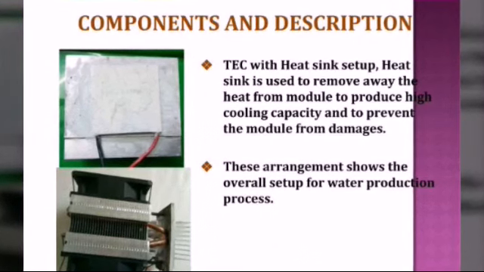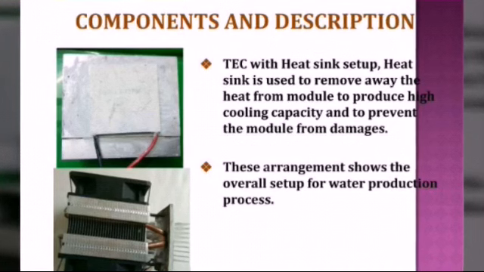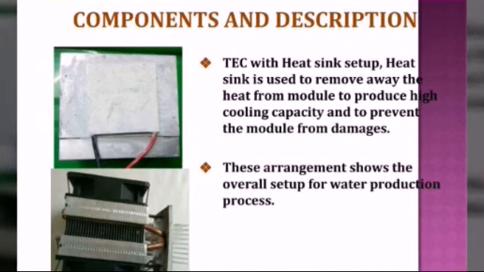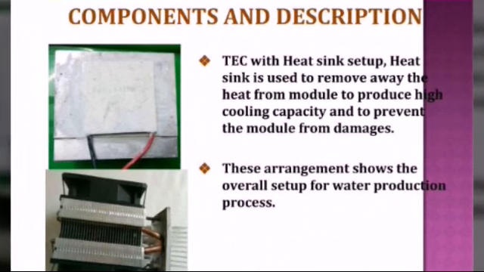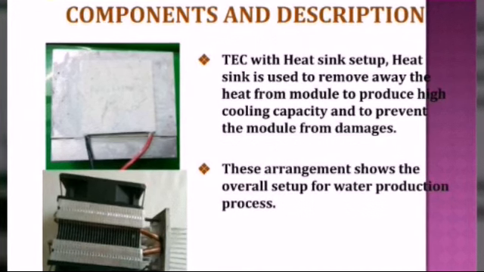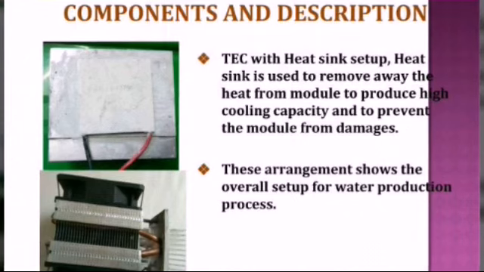Then the TEC is attached to the cold sink with the multi-layer shells. Cold sinks can absorb the cooling from the TEC device, because we can condense more water by attaching multi-layer shells.